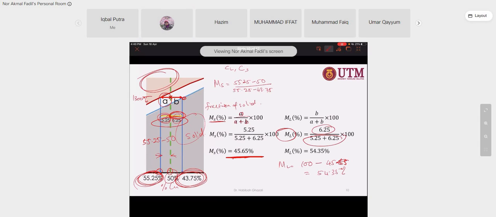So you can determine ML by 50 minus 43.75% copper, divided by 55.25 minus 43.75% copper. So then you got 54.35%. The copper cancels, so only percent remains. Multiply by 100, so you got 54.35%.